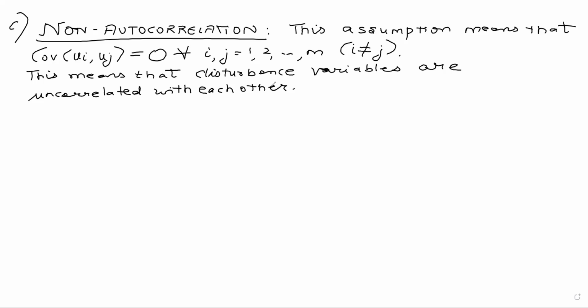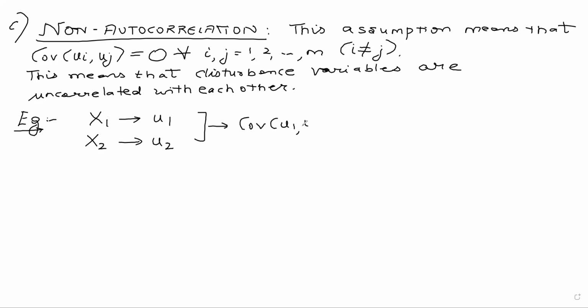I hope that students have understood the third assumption. That means for x1, my disturbance variable is u1. For x2, my disturbance variable is u2. The assumption is that u1 and u2 are not correlated. That means if you calculate the covariance between u1 and u2, it is 0.